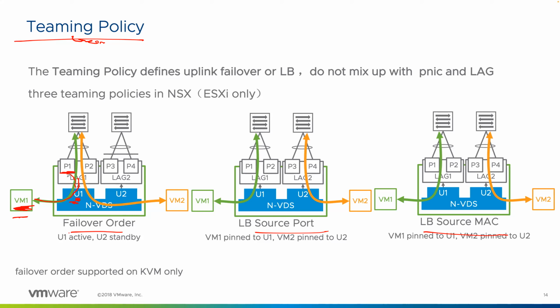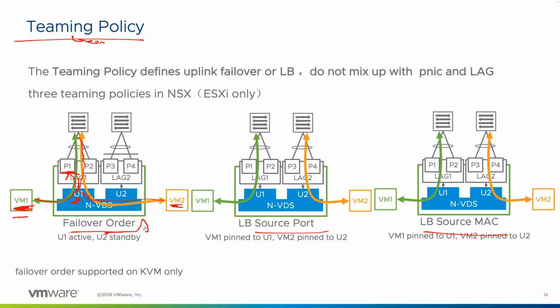U1 connects to P1. So VM1 chooses uplink 1, then goes to P1 and goes out. And virtual machine 2, the same thing happens. It goes to U1 first, then in turn P1 and outside.